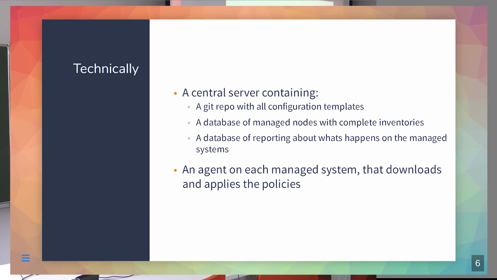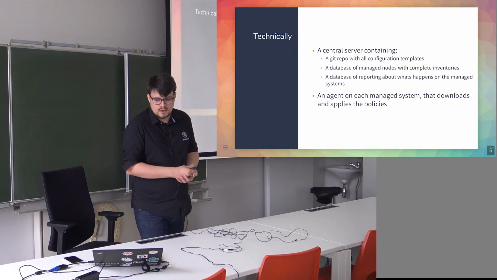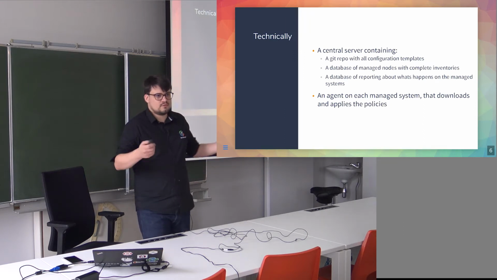Well, we have a central server that will contain all the configuration we want to apply to the machines in a Git repository, actually, and a database of managed machines and of reports about what happened on the machines. And then we have an agent installed on all managed nodes that will execute the policies and report about it.